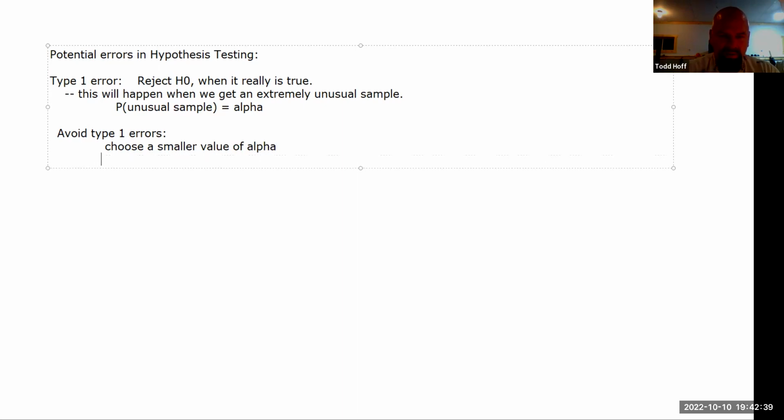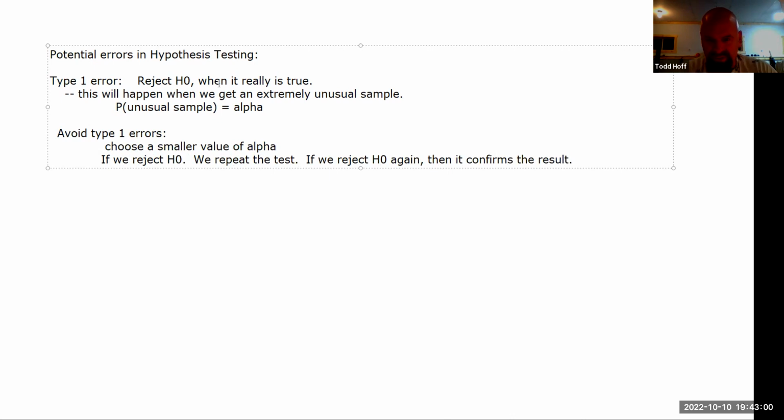But the other thing we do is if we reject H0, we repeat the experiment, the test. If we reject H0 again, then it confirms the result. If we fail to reject H0 on that second run, well, then we want to do more testing.